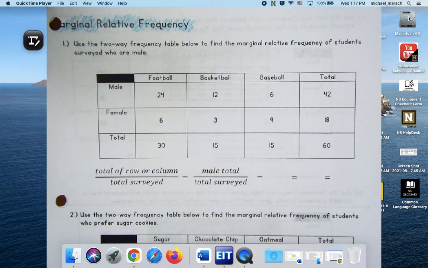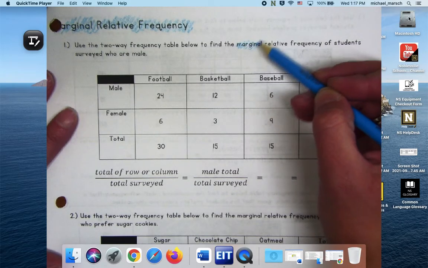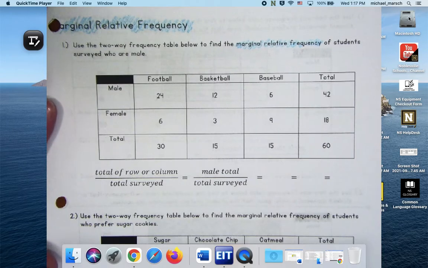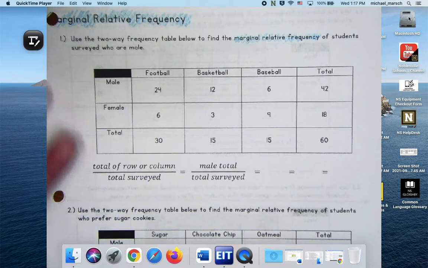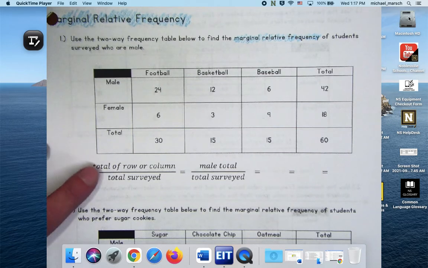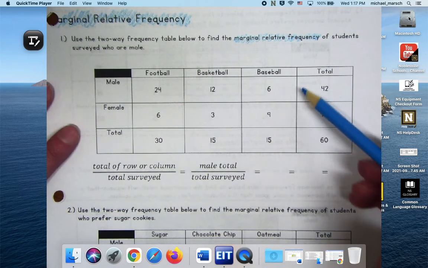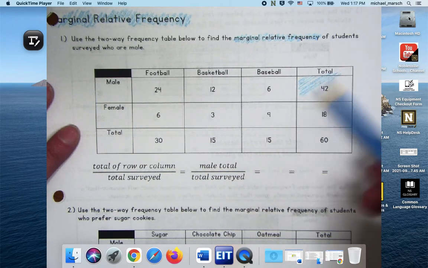Use the two-way frequency table below to find the marginal relative frequency of students surveyed who are male. So this is a little different. For this one, you take the total of the row or column. So our row is going to be just male students. So we take the total of that.